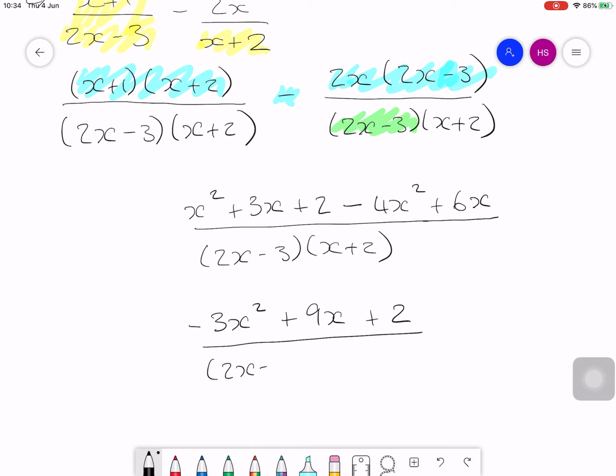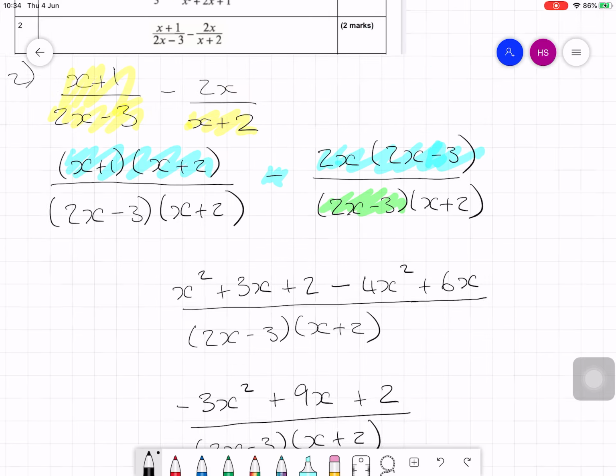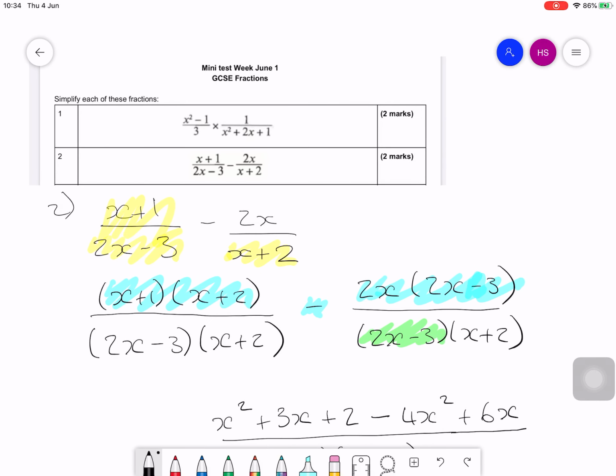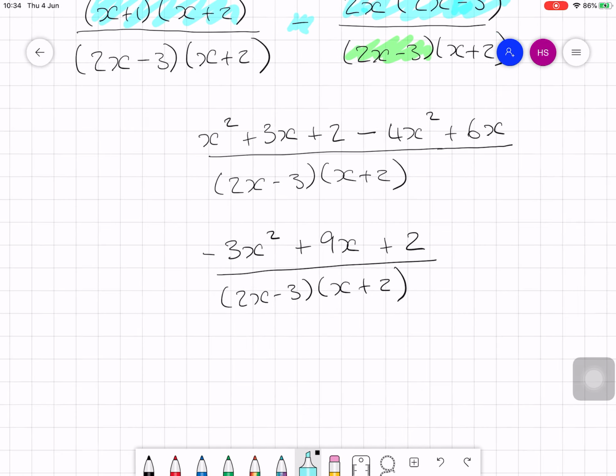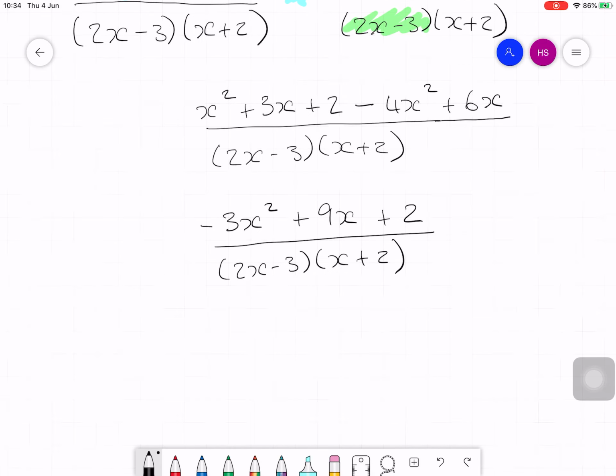Okay, so the final thing I need to check is does that numerator factorise? Because if that numerator factorises, I might be able to cancel that fraction down. And the question did ask me to simplify, so I would definitely need my final answer in its simplest form. One shortcut is you could just put that into your calculator and see what the solutions are.